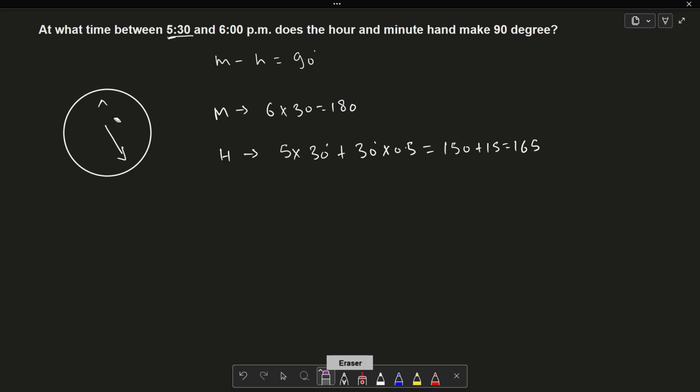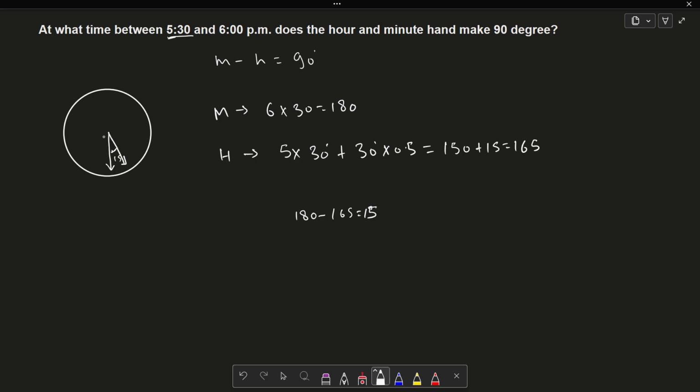So let's see this clock here, at 5:30, this is my hour hand, this is my minute hand. This angle is what? This is nothing but 180 minus 165, which is 15 degrees, right? This is 15 degrees.